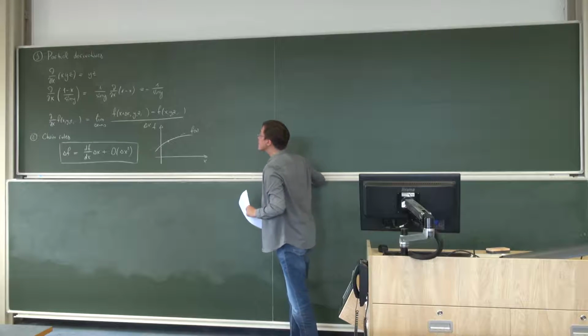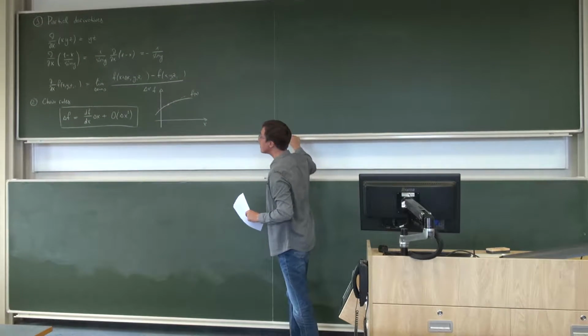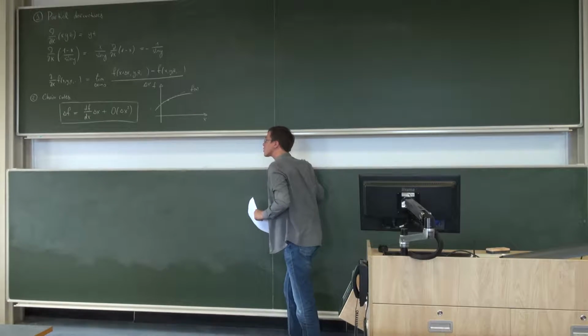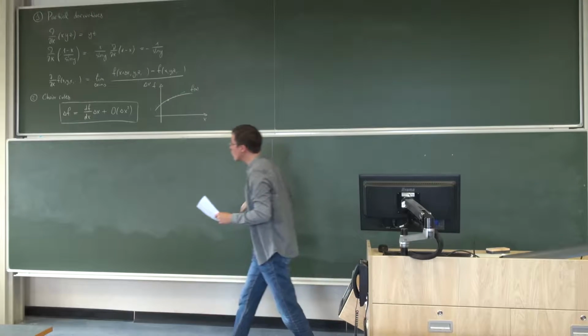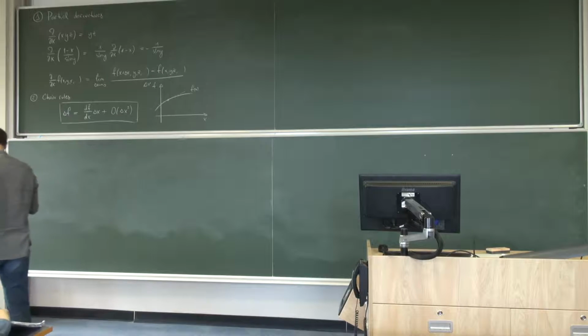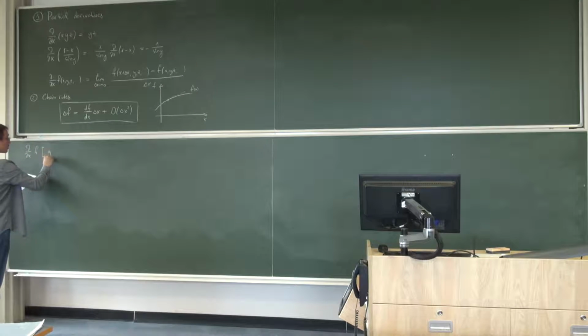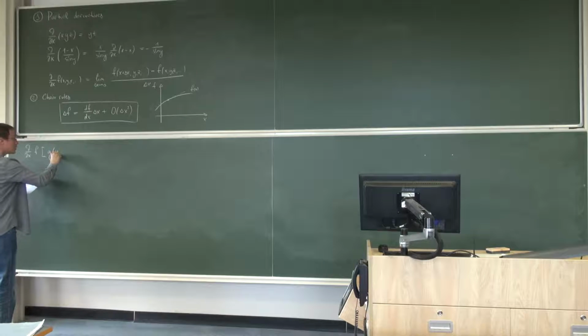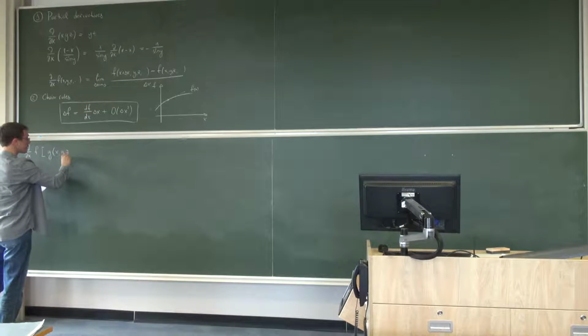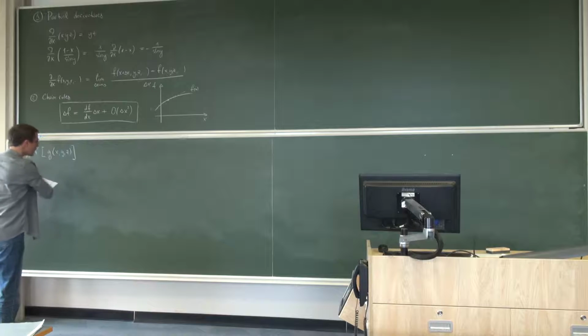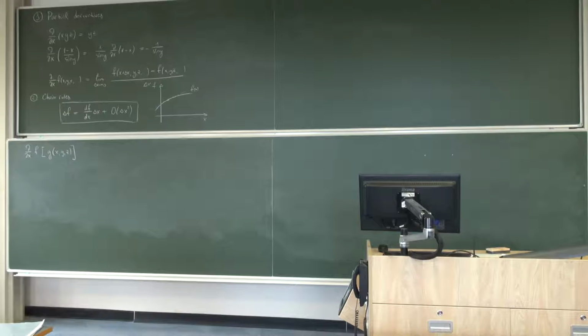Okay, so let us proceed and try to consider a situation where we have multivariate functions that are nested. In particular, we will look at something like this: d by dx of f that depends on g, that itself depends on x, y, z, and perhaps something else, but I will just skip the dots.